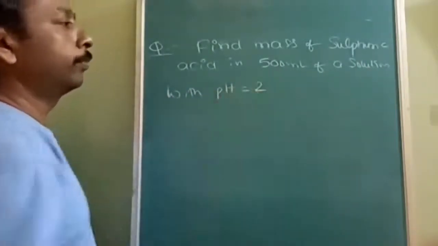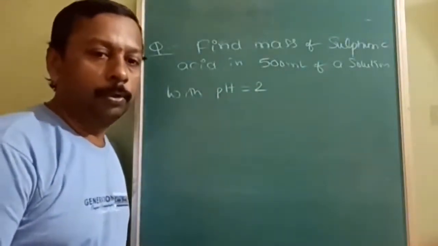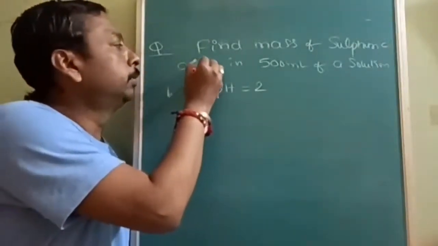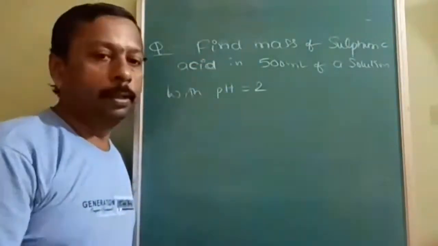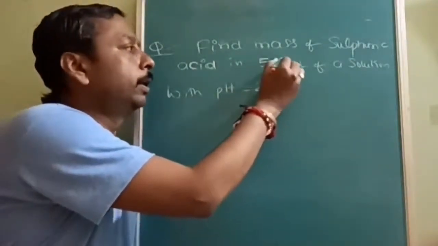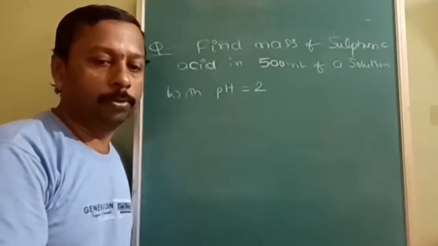With pH is equal to 2. Find mass of sulfuric acid. Find mass of sulfuric acid in 500 ml. In how much? 500 ml of a solution with pH is equal to 2.